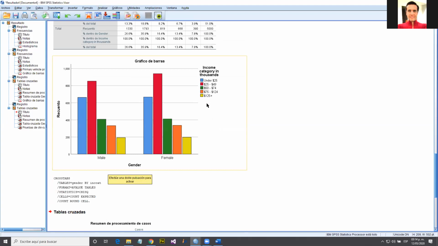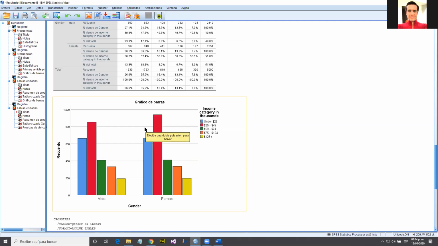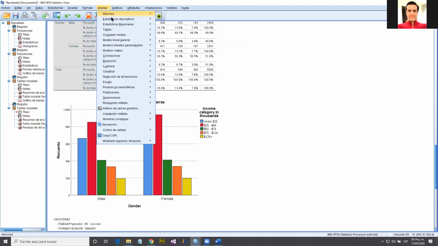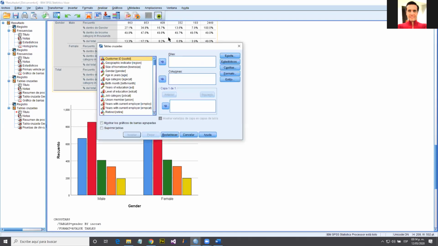If I put them the other way around, I am going to have income right here versus gender. They are going to be swapped. That is why I advise, this is only an option, not a rule, that you go with the first one, in this case, gender on rows. But you can change them anytime you want. Do not worry about this one.